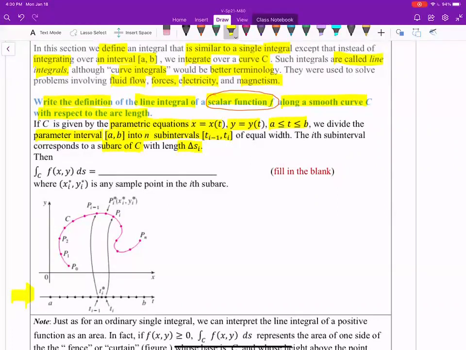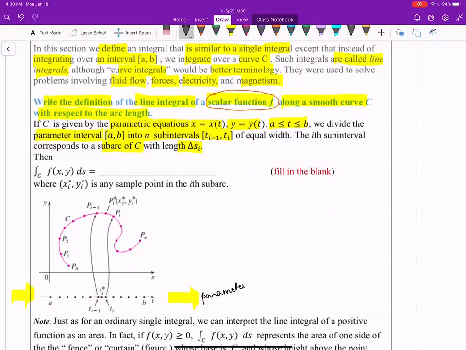So in this picture, you notice this t is the parameter. Parameter runs from A to B. Then within that, there is a curve shown in pink. And you're dividing AB into a number of subintervals of equal width.